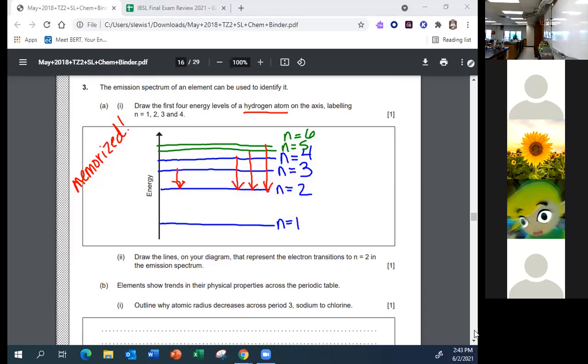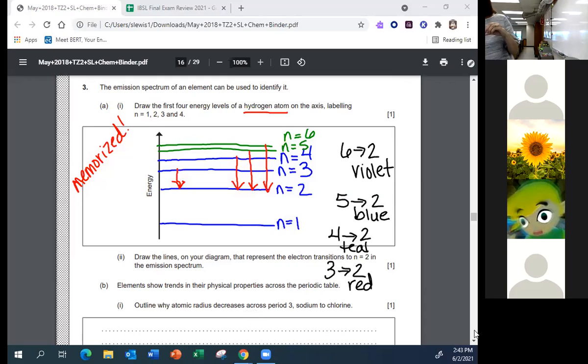So N6 to N2 is going to be our violet line. N5 to 2 is going to be a little bit lower in energy. That's going to be our blue line. 4 to 2, a little bit lower in energy, gives us our teal or greenish blue line. And 3 to 2 gives us our red line. It's the shortest transition shown on the diagram, so it corresponds to the least amount of energy.